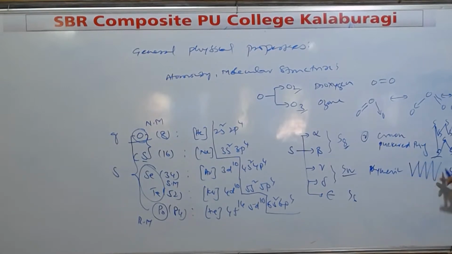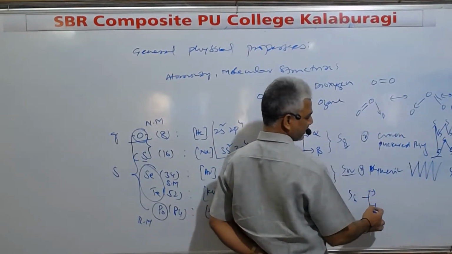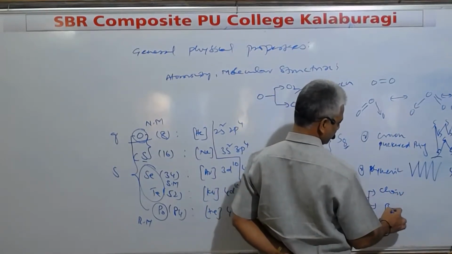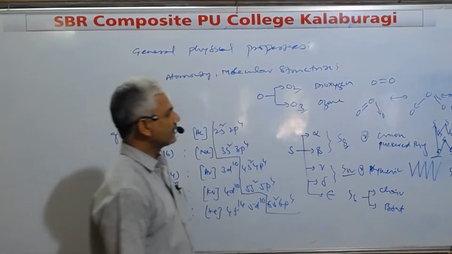The teeth will look like this. So here also, what is the covalency of sulfur? 2. Right? In the epsilon form, there are 2 possibilities. One is called the chain structure, another one is called the boat structure. How does the chain look?